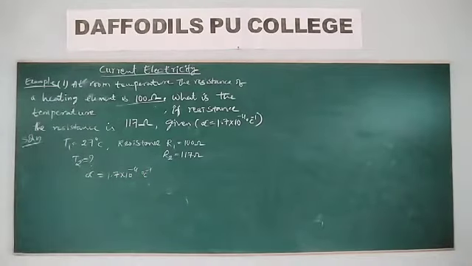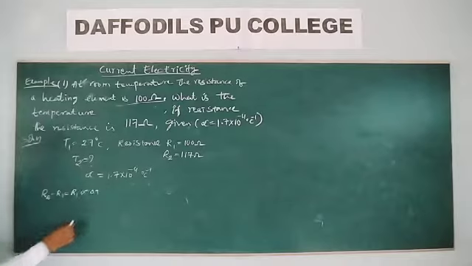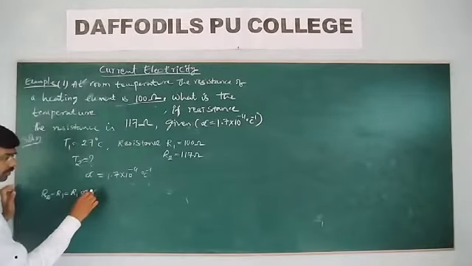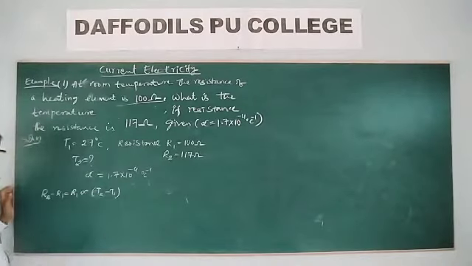Let us see the expression for resistance at temperature. R2 minus R1 is equal to R1 into alpha delta T, or you can write R1 into alpha into (T2 minus T1), or alpha is equal to (R2 minus R1) by R1 into (T2 minus T1).